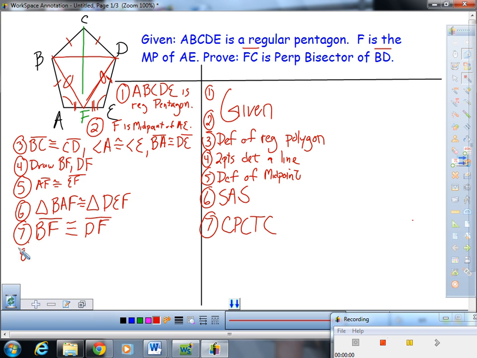Here's where I'm going to say this on the exam. I'm not sure if I have to, but I'm going to say that F and C are equidistant from B and D. And that would just be the definition of equidistant.